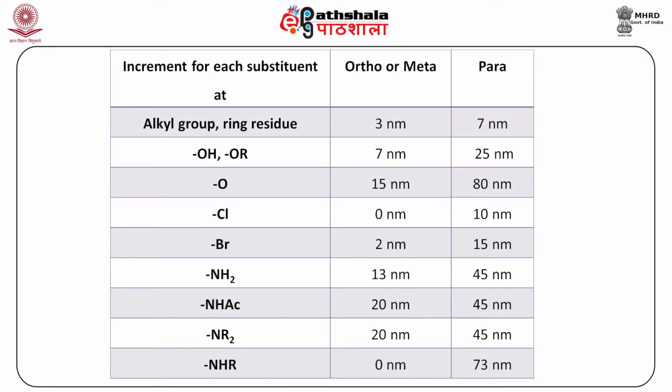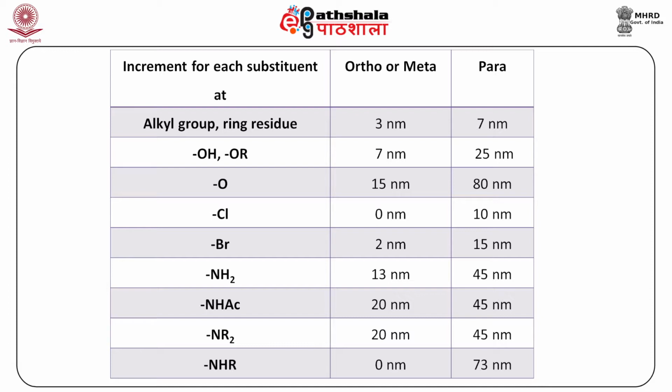Now, coming to the increments, as we know, benzene ring can have three types of di-substituted products, that is ortho, meta or para. Now, if the group is attached at the ortho or meta position, and if the group is alkyl group, the increment is of the order of 3 nanometer.